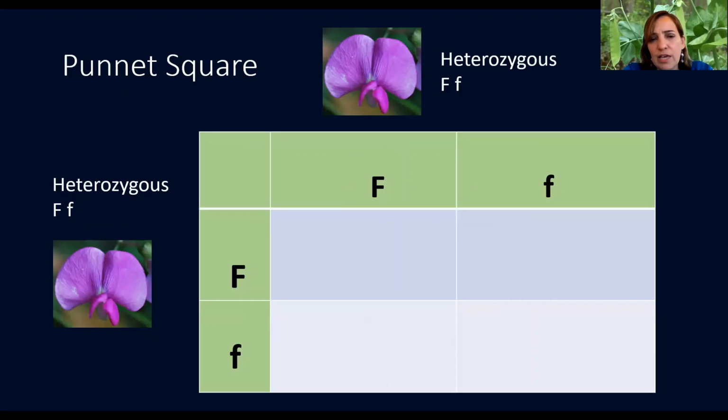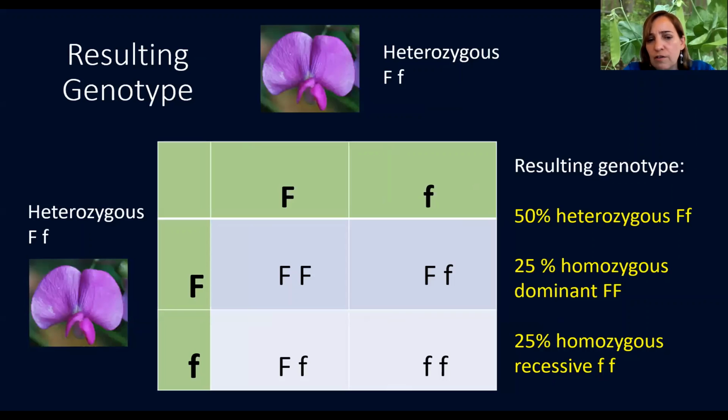For example, if we have a second generation and we cross a heterozygous purple flower with another heterozygous purple flower, when we calculate the probabilities for the genotype, we will have these results. 50% of the products will be heterozygous. 25% will be homozygous dominant.